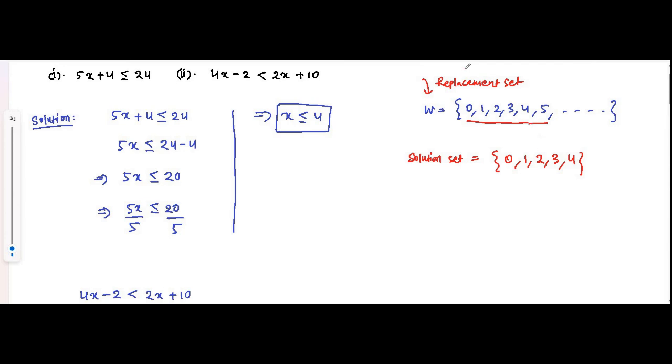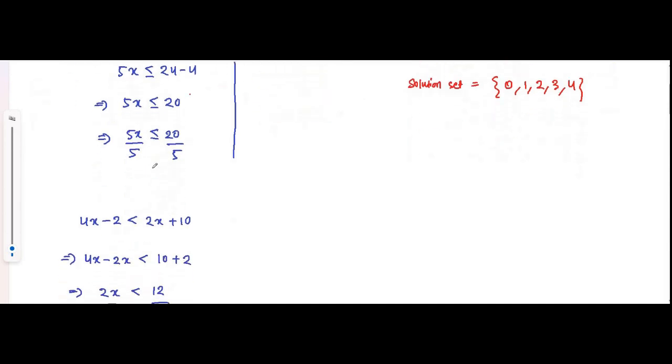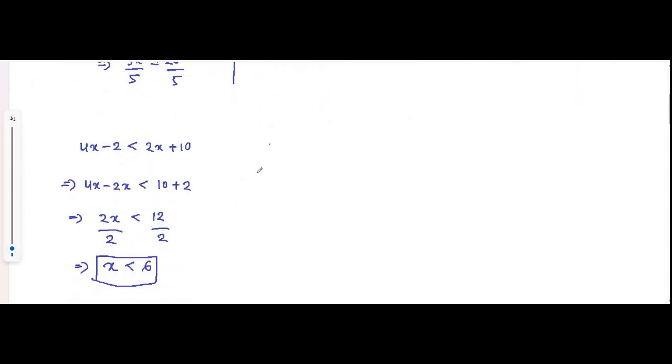This is the solution set of this given inequation in one variable. So the solution set is 0, 1, 2, 3, 4, 5.